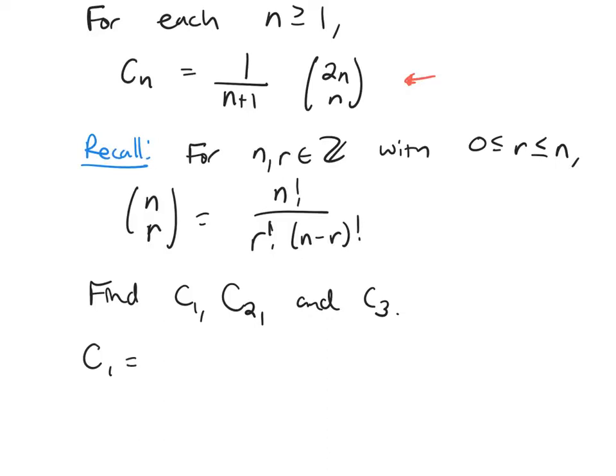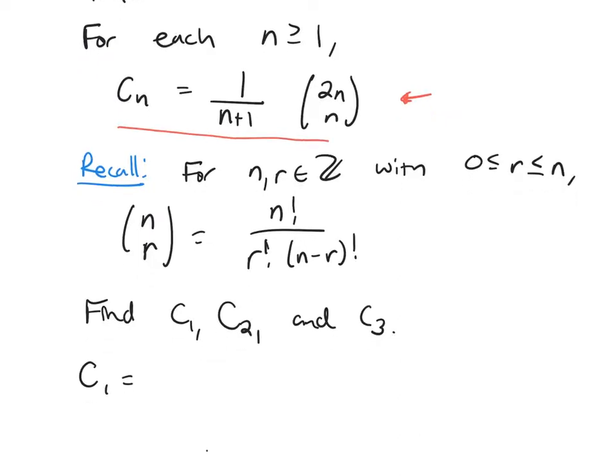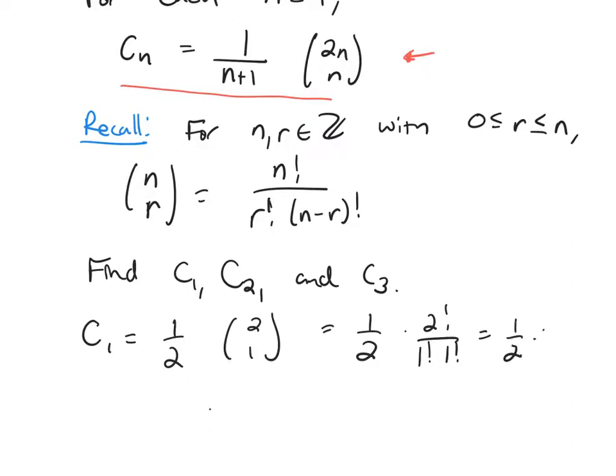If I plug in 1 in place of n in this equation up here, I'm going to get 1/2 times 2 choose 1. So 1/2 times 2 factorial over 1 factorial times 1 factorial. So this will be 1/2 times 2, or 1. That's my first Catalan number.